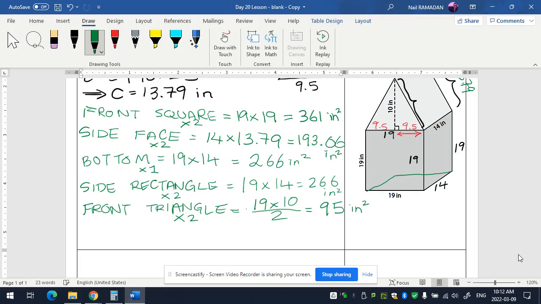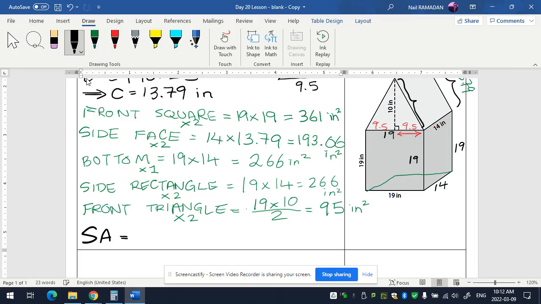So, everyone, SA, now I call it surface area, because before, it was just area. Surface area is only at the end, when you collect all the surfaces together.